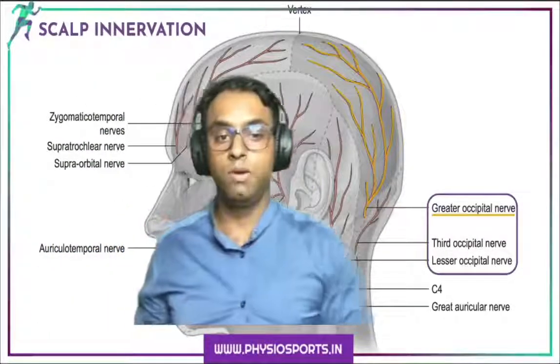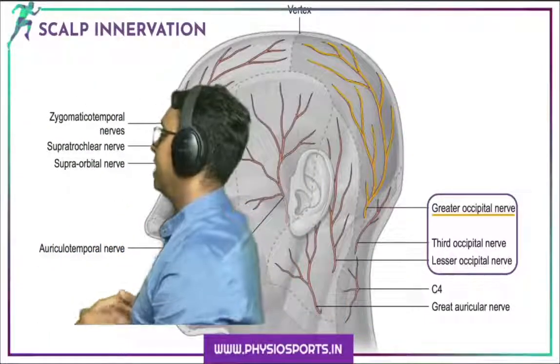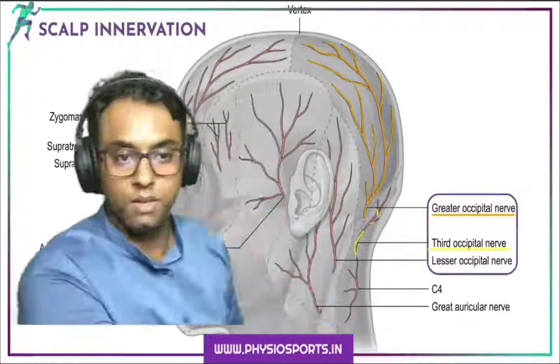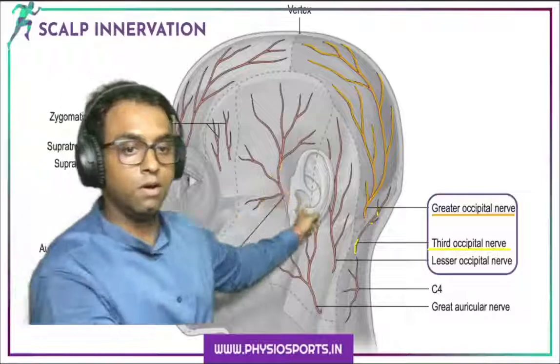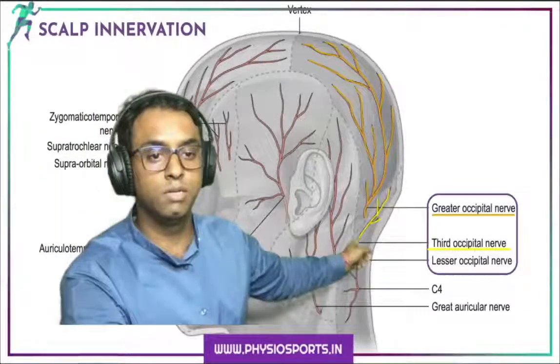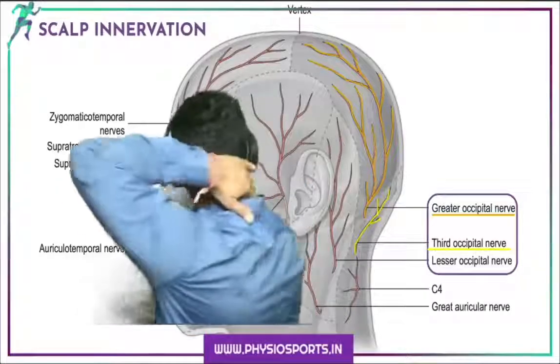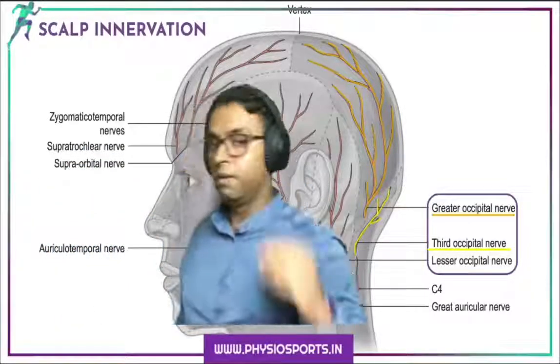But the key point over here is that the symptoms originate above the external occipital protuberance, while the third occipital nerve has distribution below the external occipital protuberance in the suboccipital region.